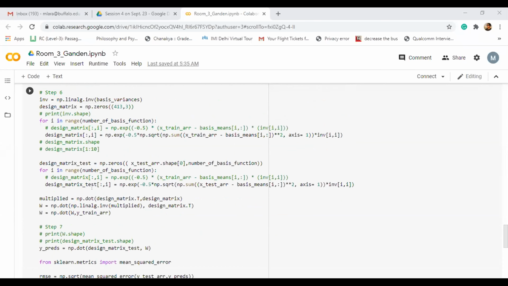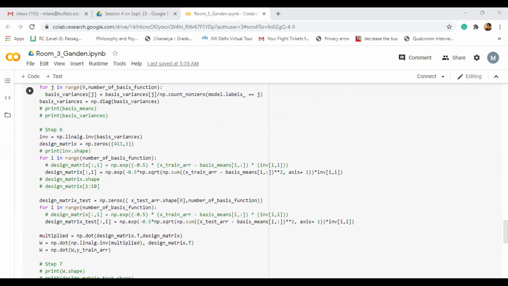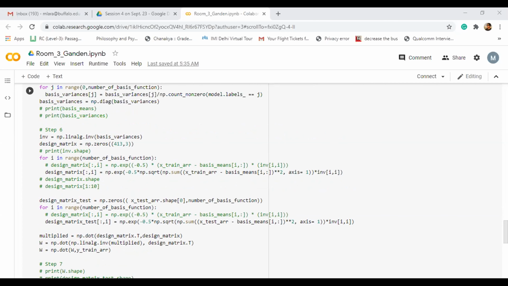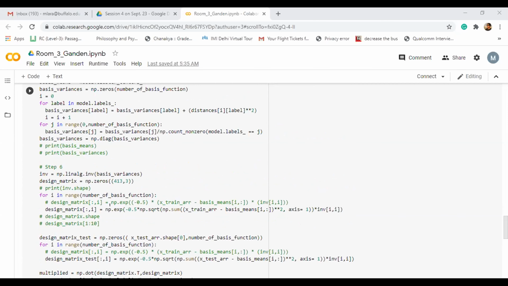Yeah, I think we just need to multiply it again by. You can just use the first equation, whatever we were using. First equation. Yeah, the one that is commented.